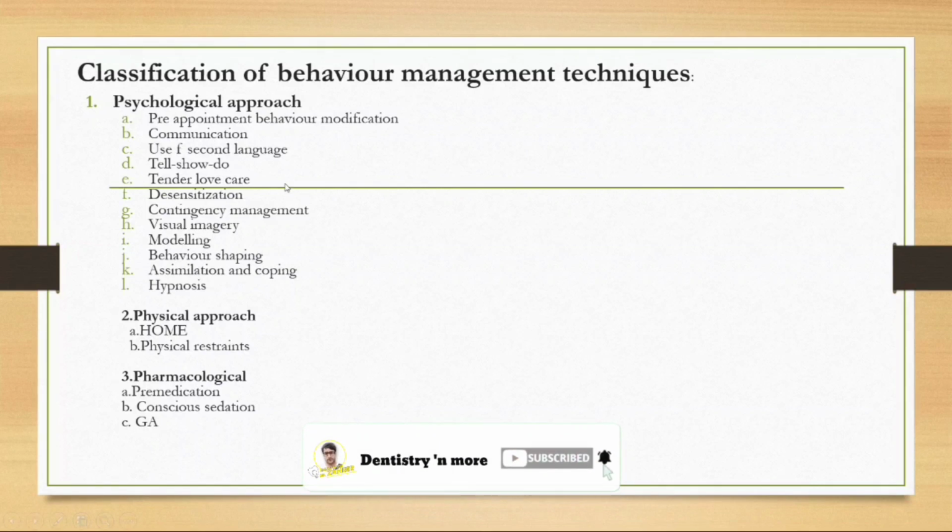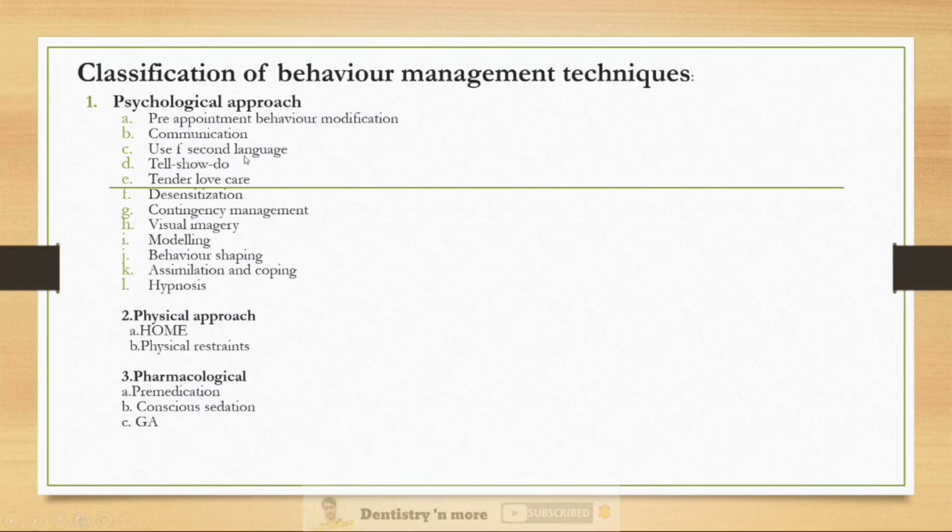Psychological, we have pre-appointment behavior modification, communication, use of second language, tertiary technique, dental love care, desensitization, contingency management, visual imagery, modeling, behavior shaping, assimilation and copying, hypnosis. In the physical approach, we have home, physical restraints. Pharmacological, we have pre-medication, conscious sedation, and general anesthesia.